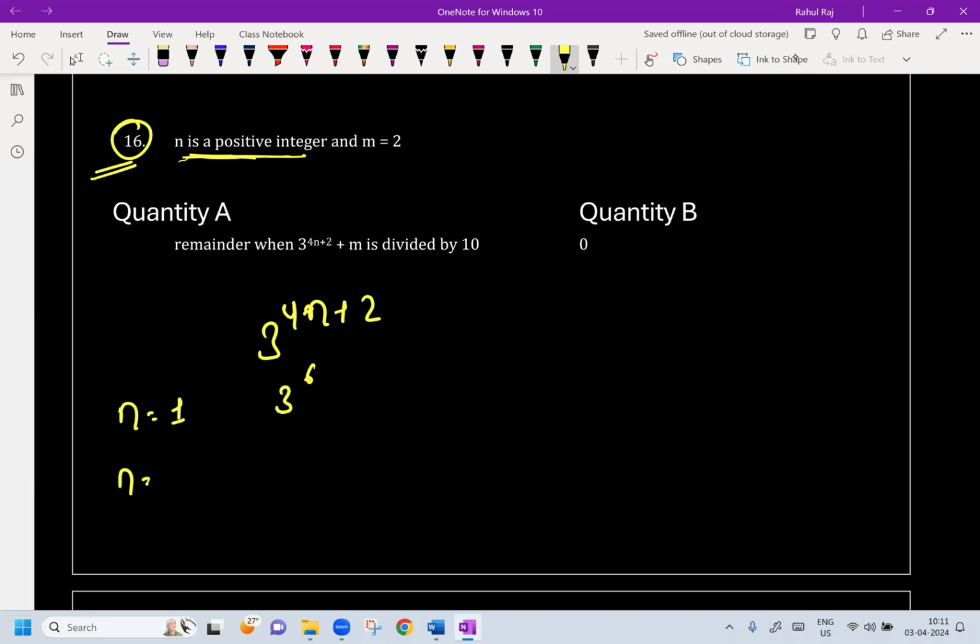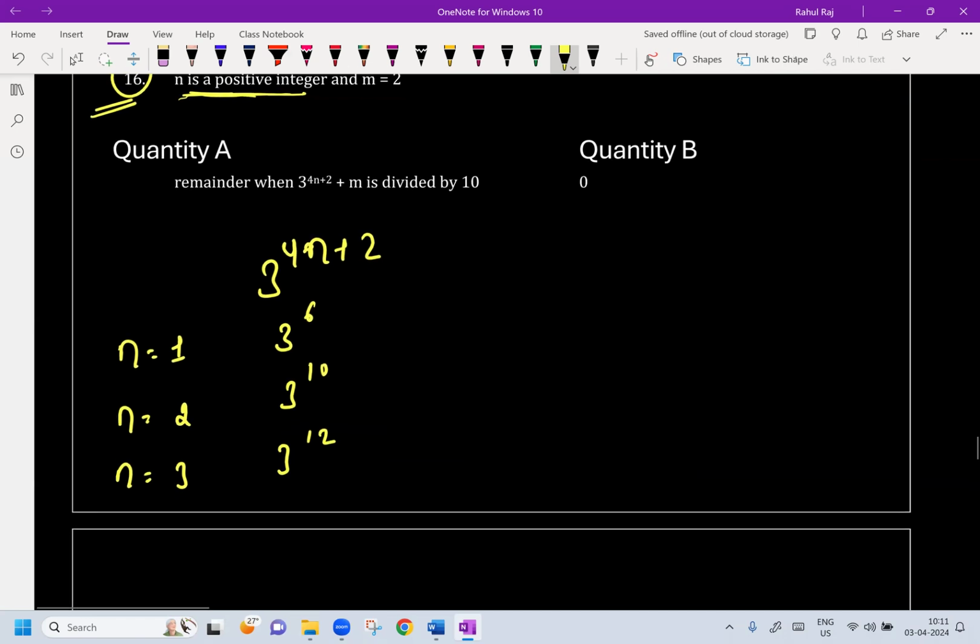If I take n equal to 2, what is 4n plus 2? If I take n equal to 3, what is 4n plus 2? 14. If I take n equal to 4, I'm doing this just for understanding purposes. You can take 2 or 3 values and that's all. 3 to the power 18, right?